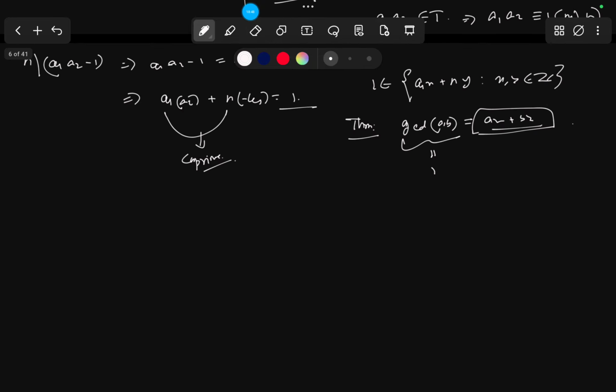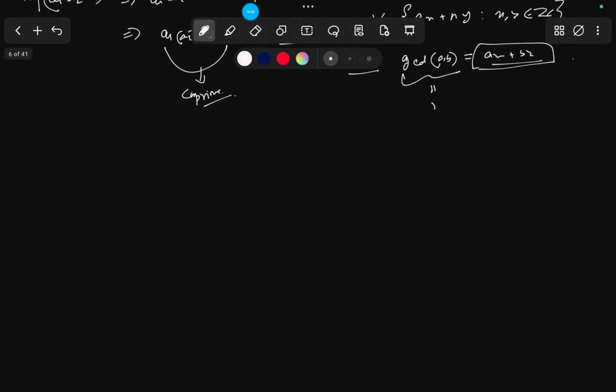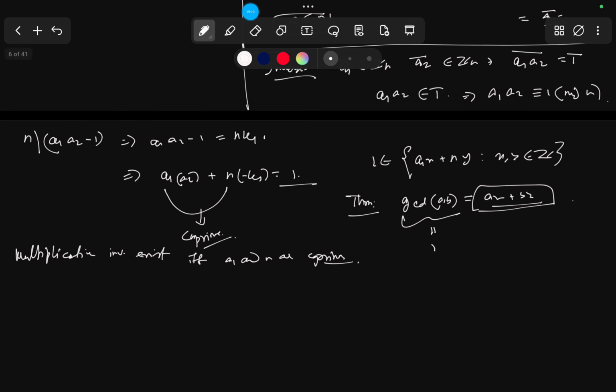So the multiplicative inverse will exist if and only if a1 and n are co-prime. So it is not possible to get a multiplicative inverse for any arbitrary non-zero element from Z mod nZ.